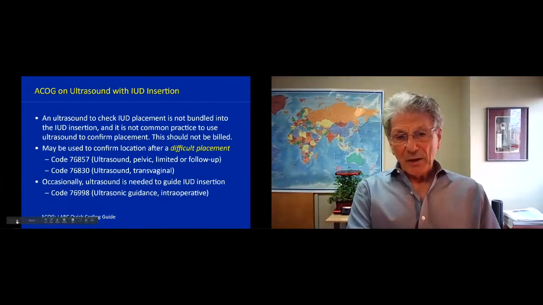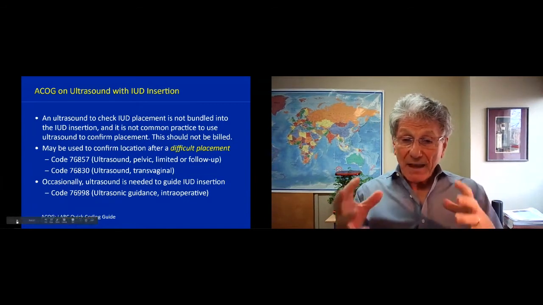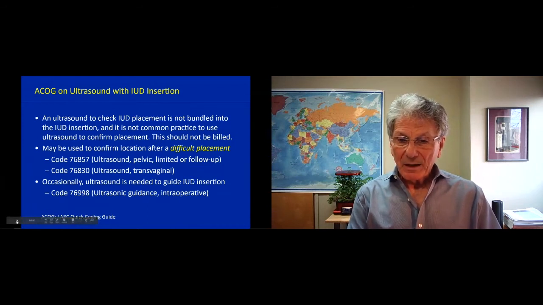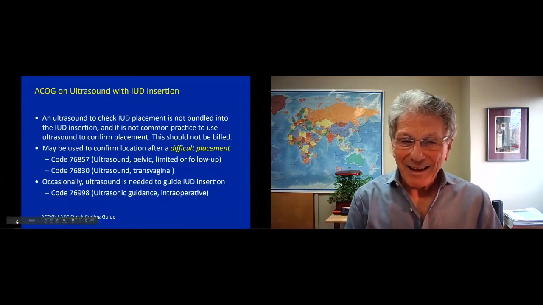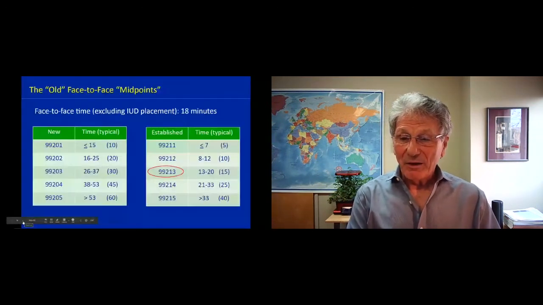Okay, so if we were billing before January 1st, the face-to-face time with the clinician for the counseling was 18 minutes. Given the fact that Janie was an established patient, that would have been a 99213, because she's an established patient, 18 minutes, okay?